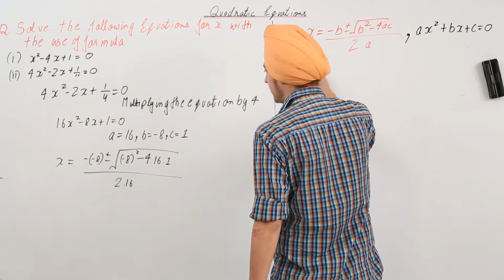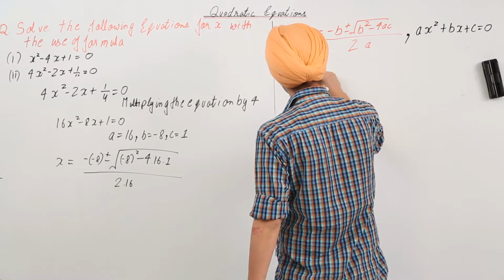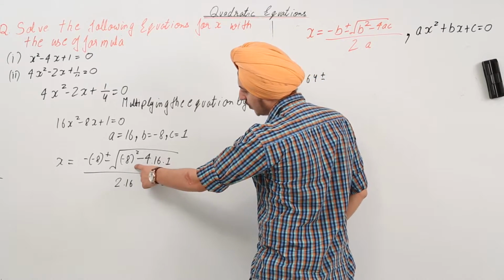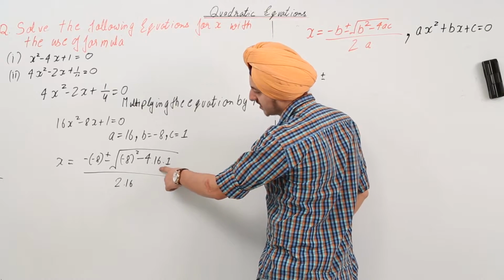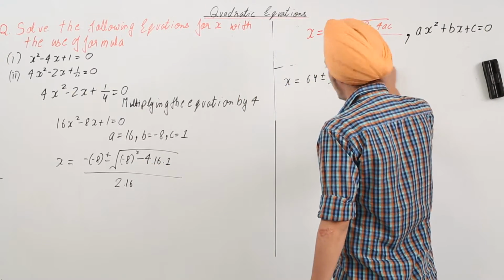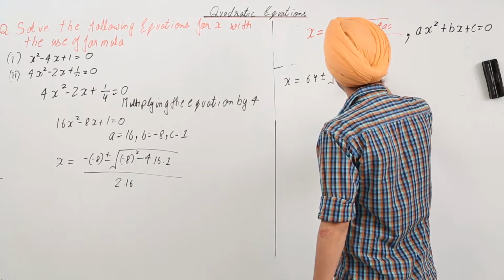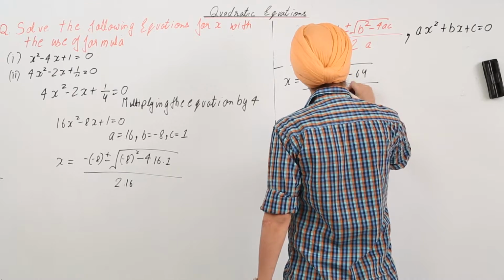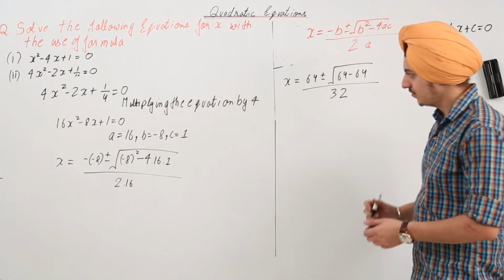We have x equal to 8 plus minus root of 8 square minus 4 into 16, which is 64, and 8 square is also 64. So we have a root of 64 minus 64 upon 32.